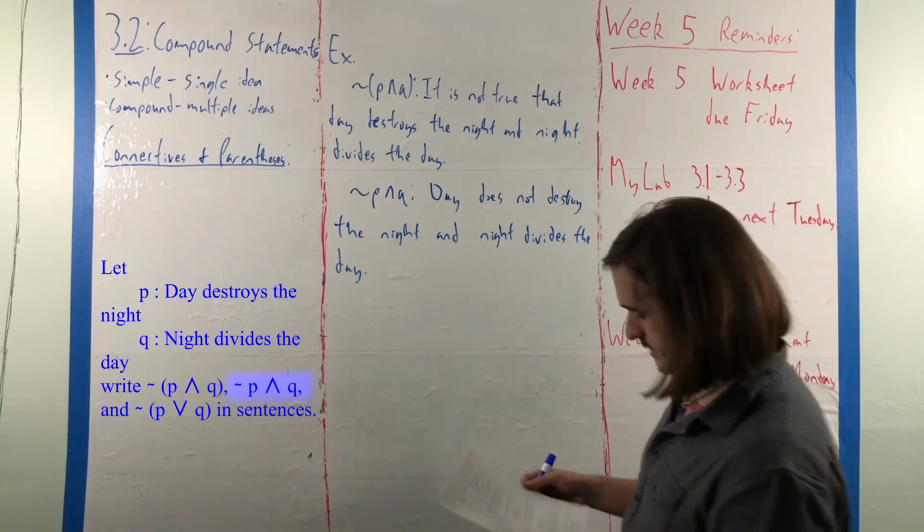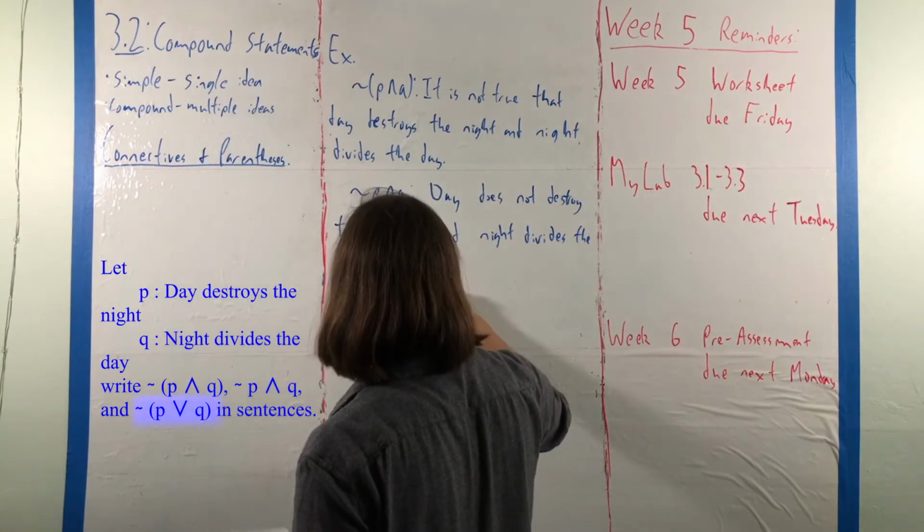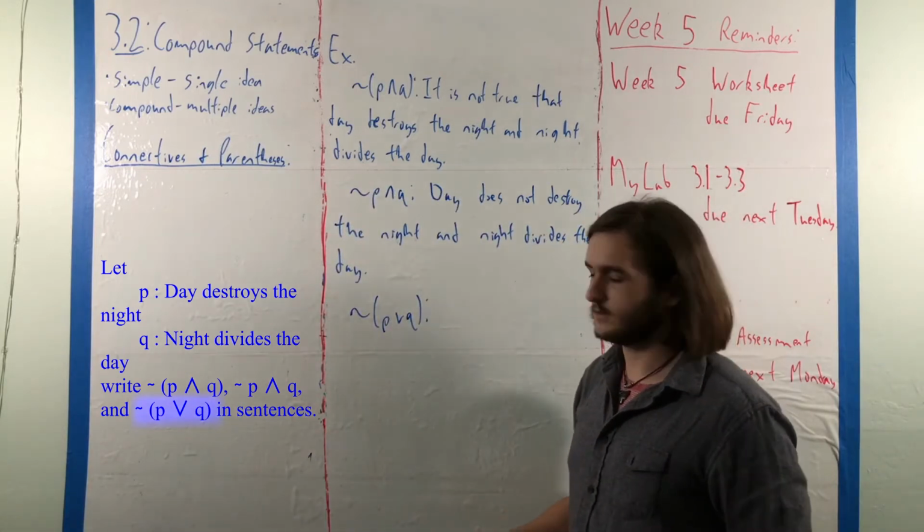And so for our last case, we have not (P or Q). What we want to do here is think about what P or Q could be read as.